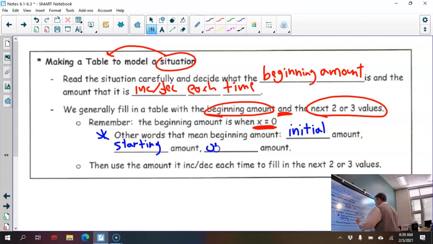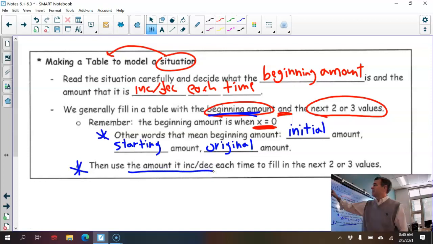Or another one they like is the original amount. All of these things mean the same as the beginning amount. All right, so once you fill in the table with the beginning amount, then use the amount of increase or decrease to fill in the next 2 or 3 values.